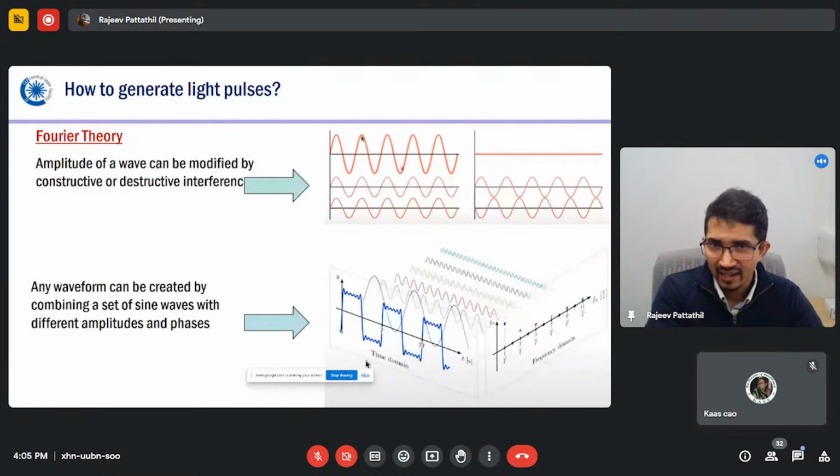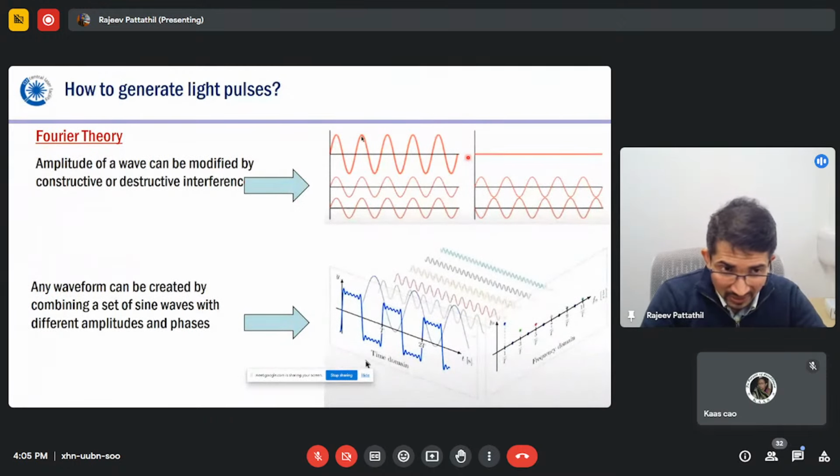But when they are out of phase, let's say 90 degrees out of phase, they can actually completely cancel each other. So this concept of phase, adding things, and constructive and destructive interference is important for understanding how to create attosecond pulses. I just want to introduce that concept here.